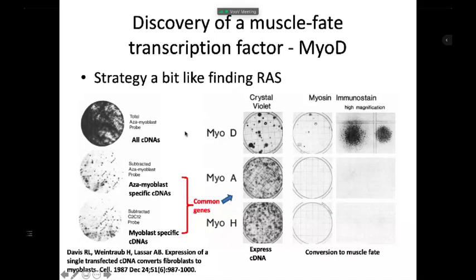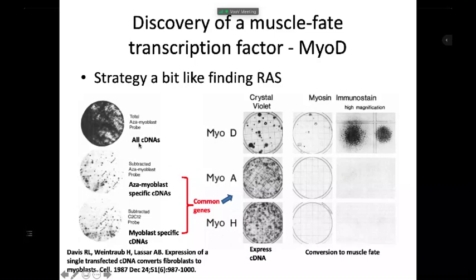cDNAs where we've treated our fibroblasts with 5-azacitidine, and we also have a probe for myoblast specific.